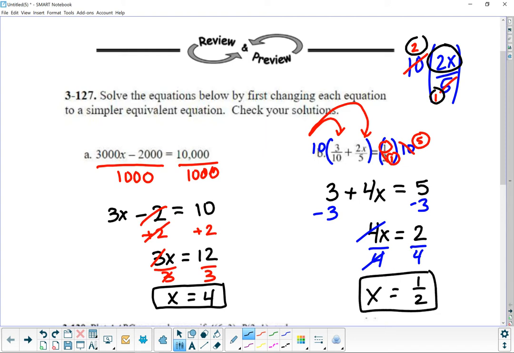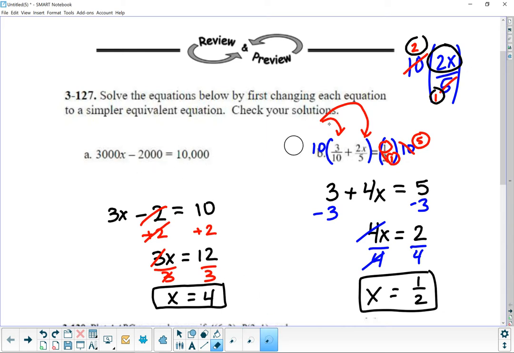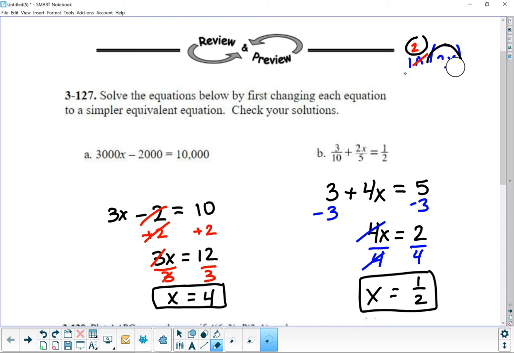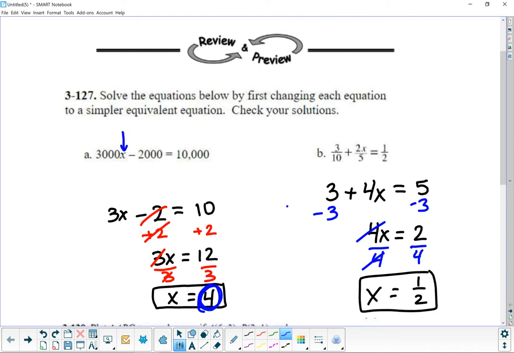That's your answer. Okay. We're going to go ahead and plug these in to check our solution to make sure that they are correct. So in order to check, you got to use your answer, the ones that we put in the boxes, and plug them into the original equation. So this first one here, if I plug in 4 into the x right there, put a 4 in there.